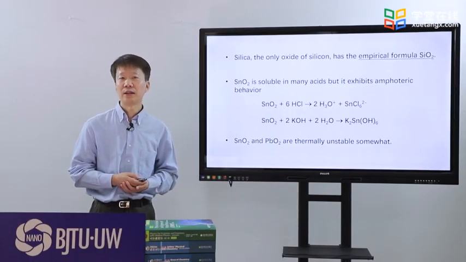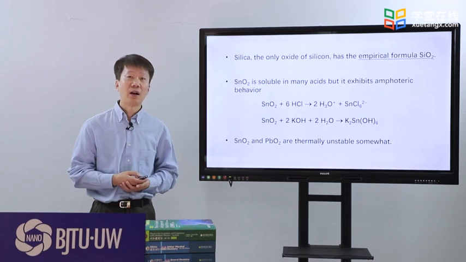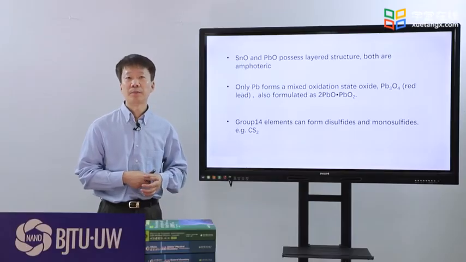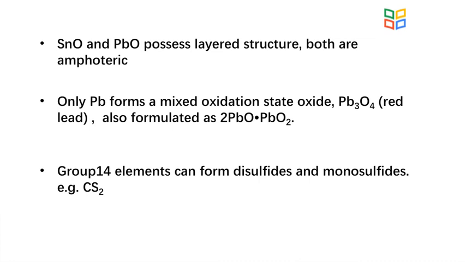Tin dioxide and lead dioxide are thermally unstable. Only lead forms a mixed oxidation state oxide, Pb3O4, named red lead. Group 14 elements can form disulfides and monosulfides, for example, CS2, usually used as a solvent in organic chemistry.